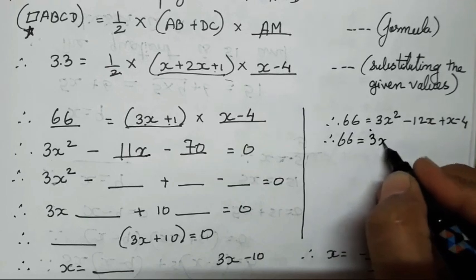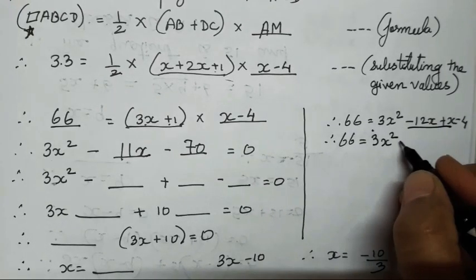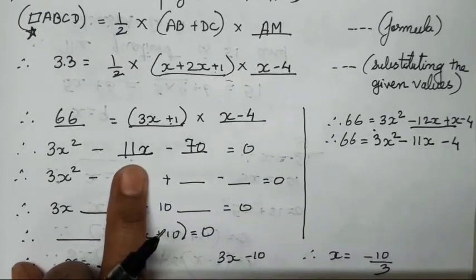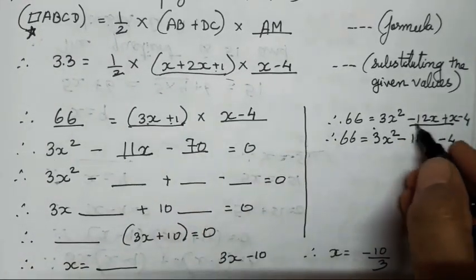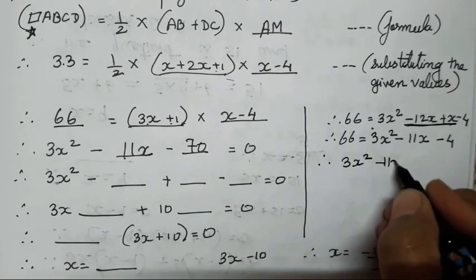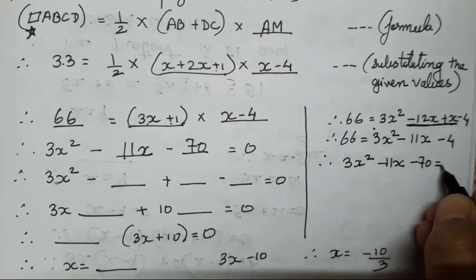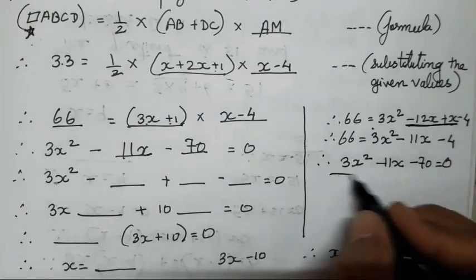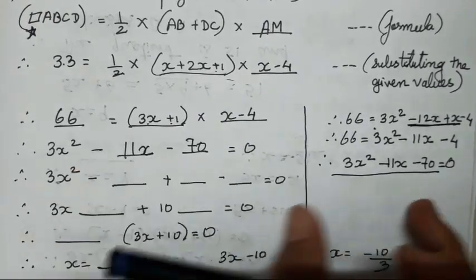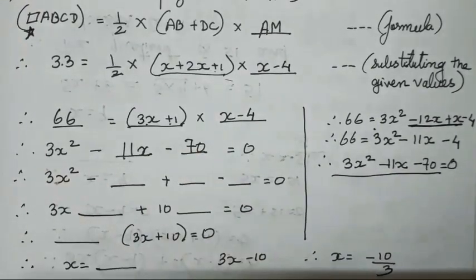So 3x square, this is going to be minus 11x minus 4. Got it? From where did we get minus 11x? From here, by solving this. Therefore 3x square minus 11x minus 70 is equal to 0. So this we have to write over here. Okay, it is a little ulta, but we have to write it in this form only.